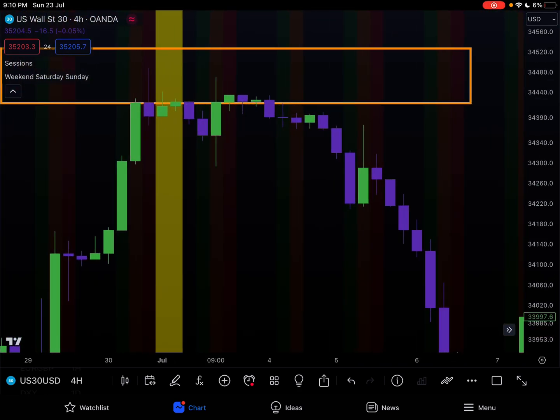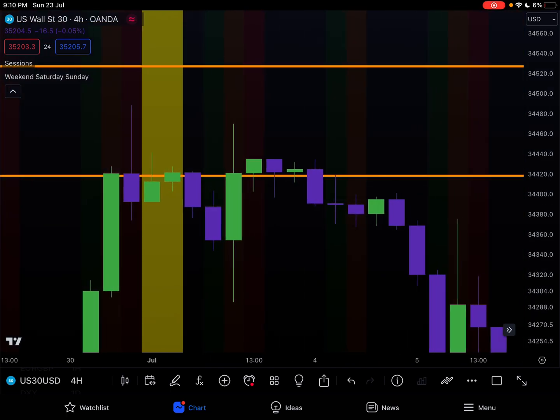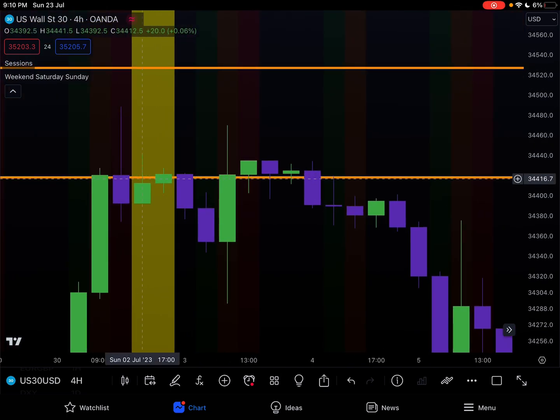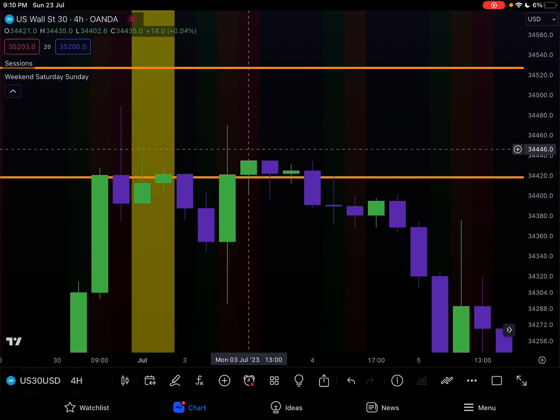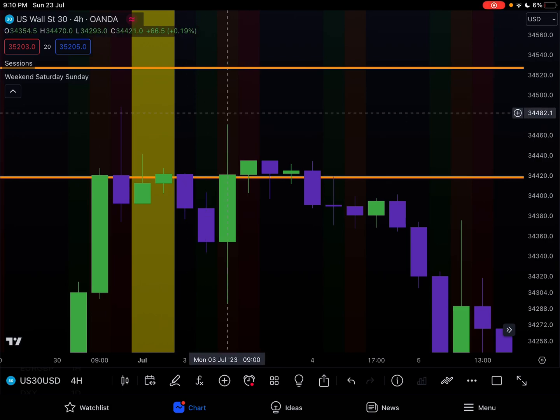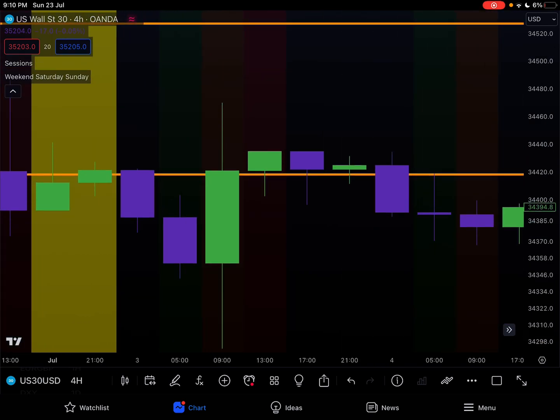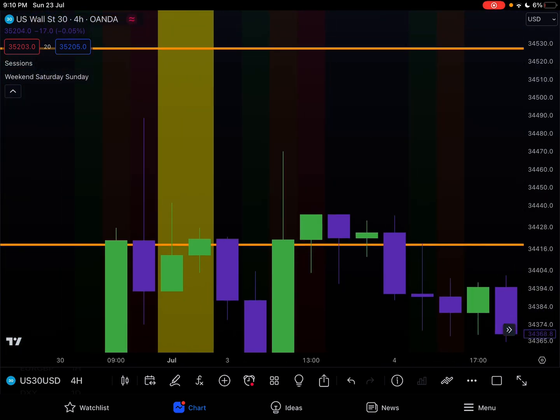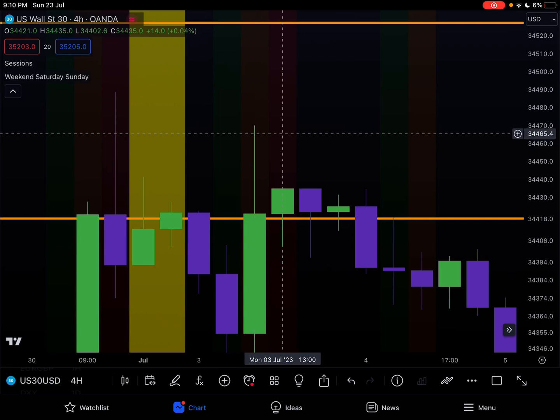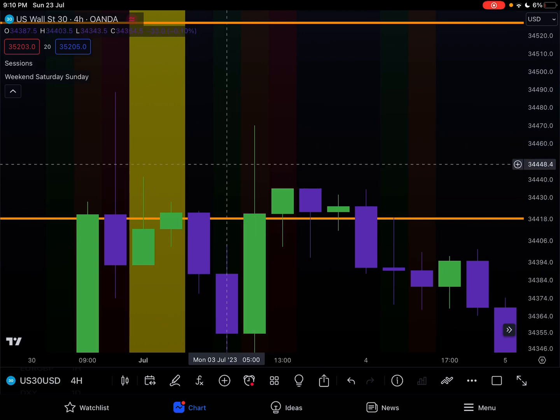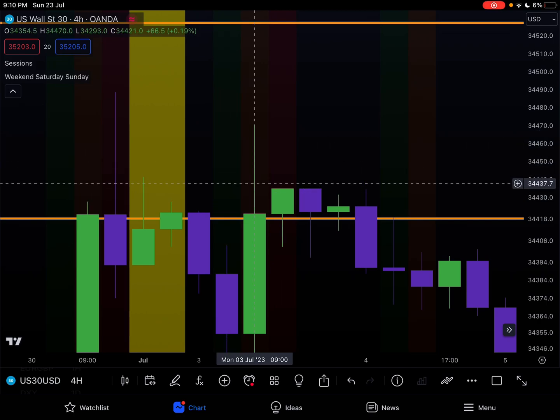And so, if the yellow is Sunday, if we open up on Sunday, this is the London session here in green, if you can see it. The orange in the middle, or brown, I guess it's brown, right? Yes, brown. So that'll be the New York session, right? London into New York session, I'll say.